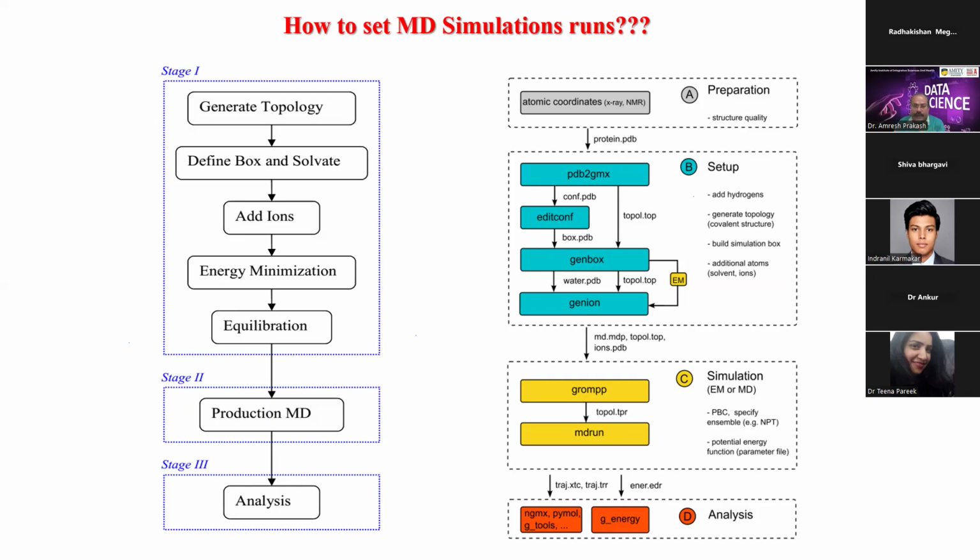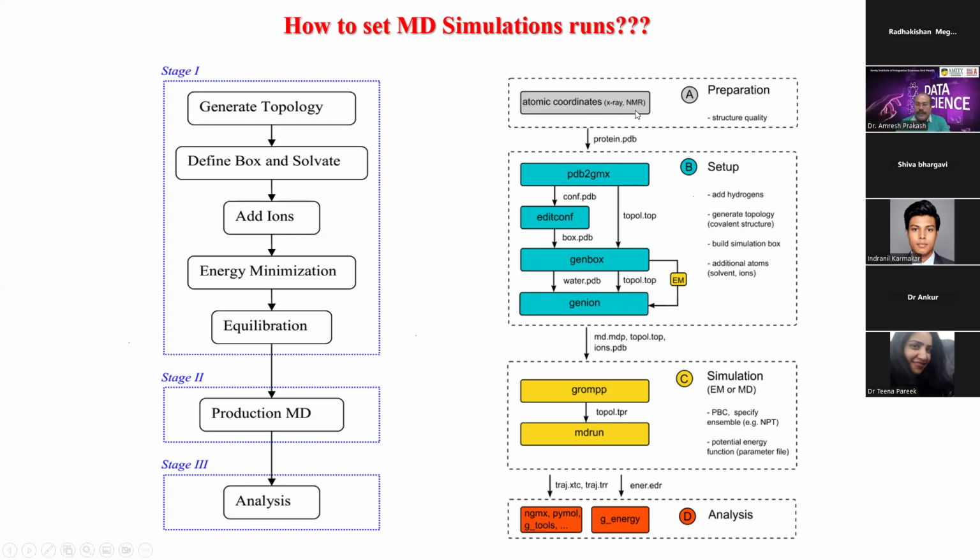And then, as I explained, we define a box, and after defining a box we solvate it. Solvate depends upon the condition. If there is no specific condition, we simply add water molecules. If there is a specific condition, then with the water molecules we can add other molecules also. This preference depends upon what type of research you are doing and what type of experiment.